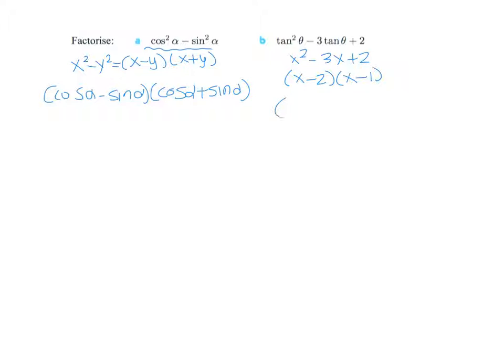So replacing x with tangent, you have tangent of x minus 2 and tangent of x minus 1. If you FOIL it back, you get tangent squared x. You have negative 2 and negative 1. That makes it negative 3 tangent of x. Last term, positive 2.